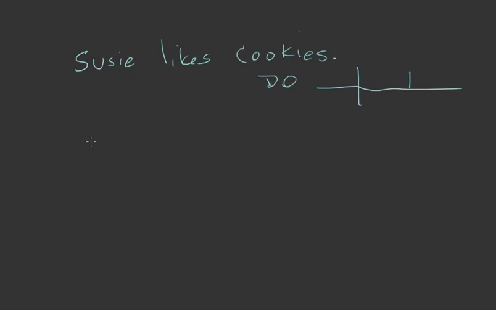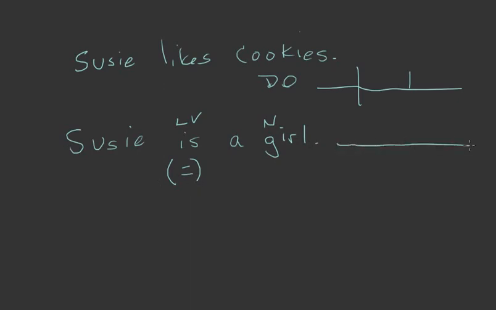All right? If I said Susie is a girl, well, girl is a noun. All right? This is a linking verb. It's like an equal sign. All right? So this is going to be like this. And this is a predicate nominative over here because girl is a noun and it's another name for Susie.